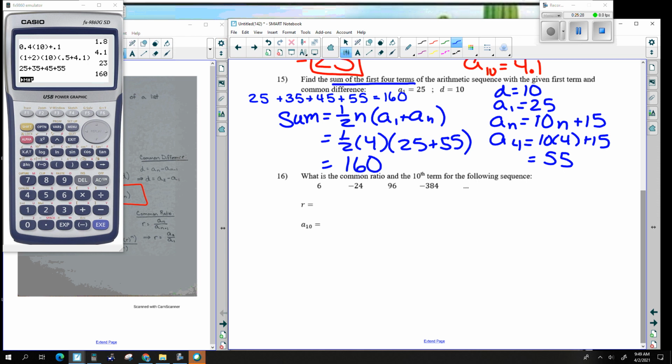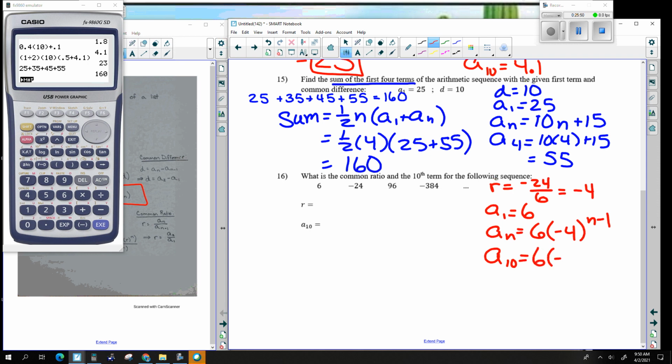Common ratio and the 10th term. Okay, so this is a geometric, obviously. -24 divided by 6 is -4. A1 is 6. An is A1 r to the n minus 1. They want to know the 10th term, so that's to the 9th power.